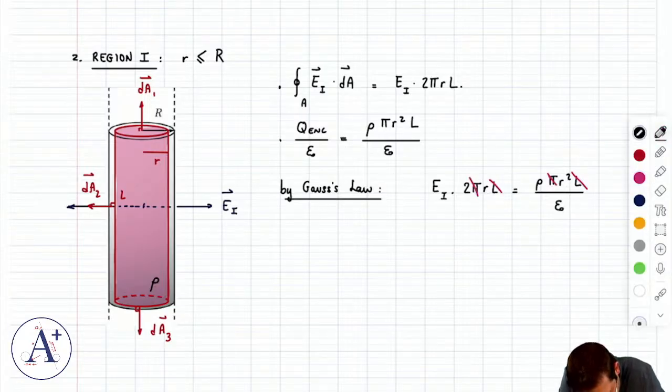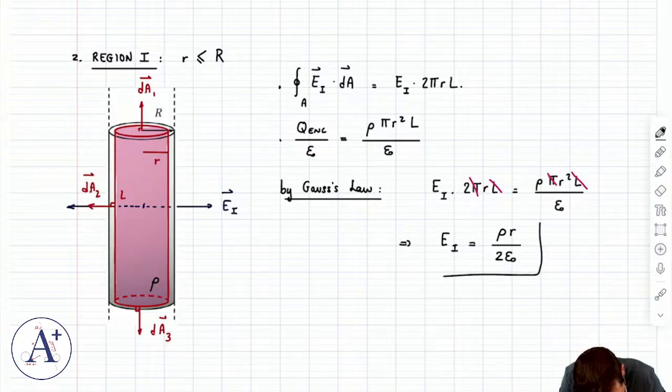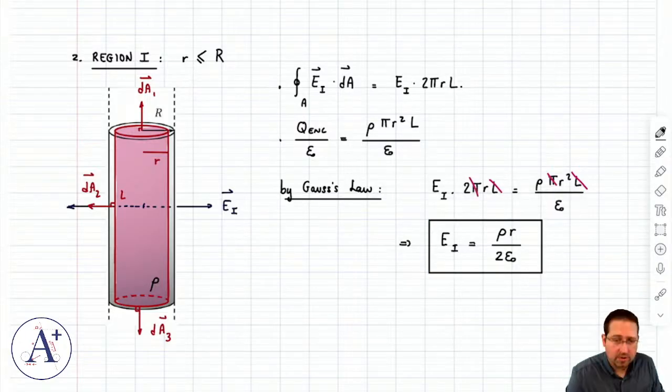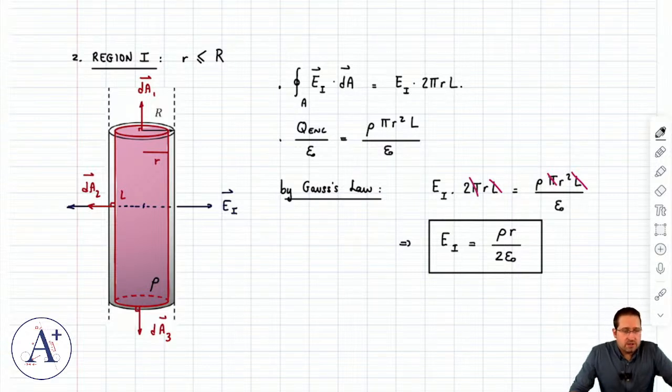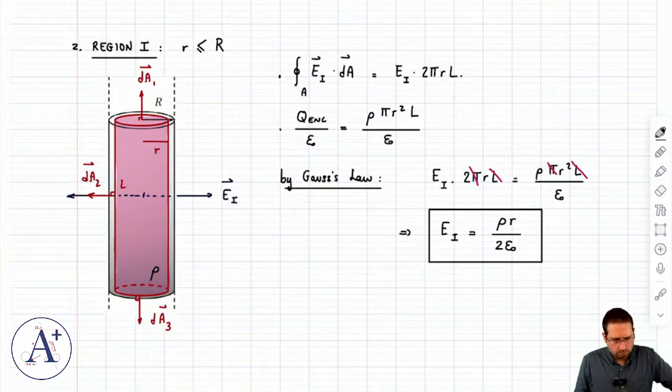Pi goes away, and if we simplify this, r simplifies actually, so E1 is equal to rho r over 2 epsilon naught. All right, so that's E1 in region 1. It's no longer 0, but it has no reason to be because I do not have a conductor. I have an insulator. So now I have an electric field within region 1.